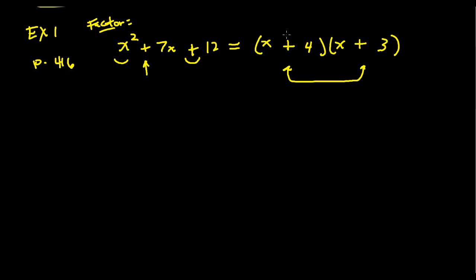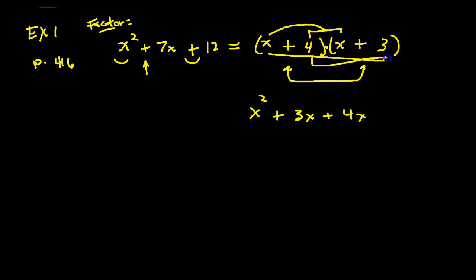I'll check my product here to make sure I get what I started with. x times x, the first product is x squared, plus the outer product, x times 3 is 3x, plus the inner product, x times 4 is 4x, and the last product, 4 times 3 is, of course, 12.